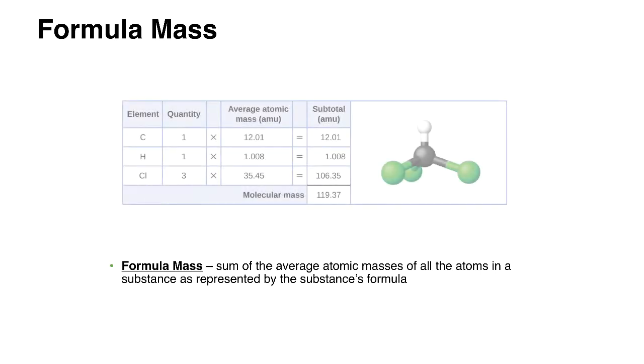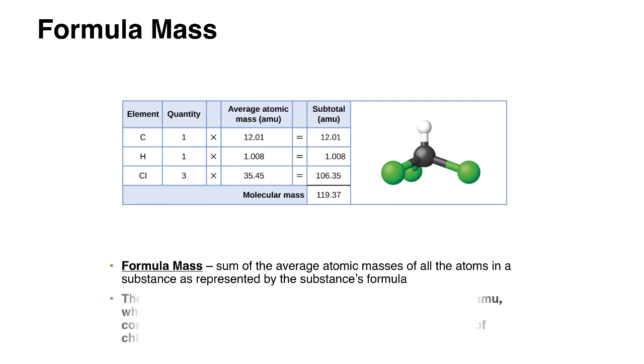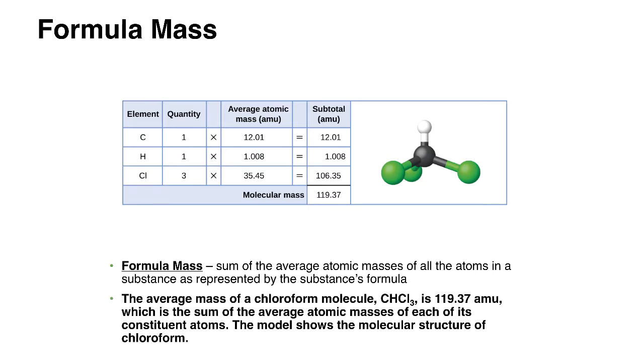So let's look at the first example here. Here is a compound that has the formula of CHCl3, and as the slide says here, this is a compound known as chloroform. Now the formula tells you that it has one atom of carbon, one atom of hydrogen, and 3 atoms of chlorine.